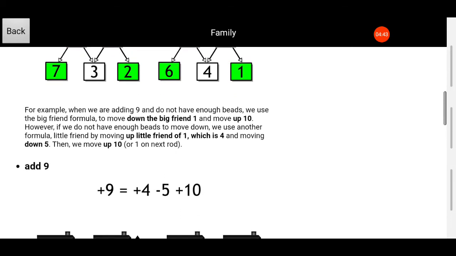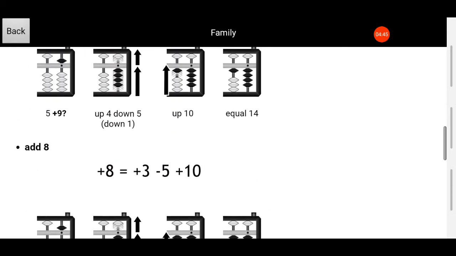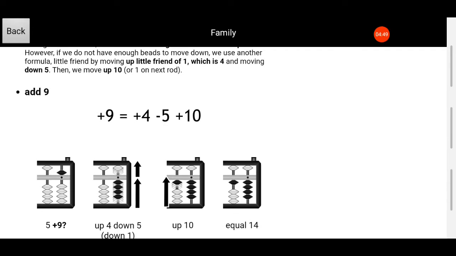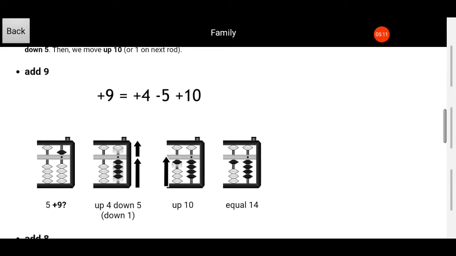Now we will see its examples. First is add 9. 1 franc is 9 franc is 4. In this family, you can see we use 4. So how to do 5 plus 9? It is a formula.